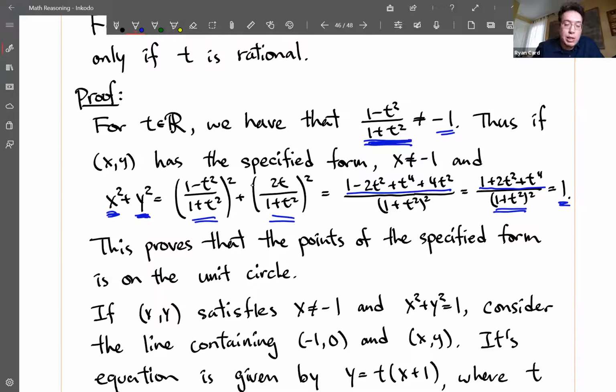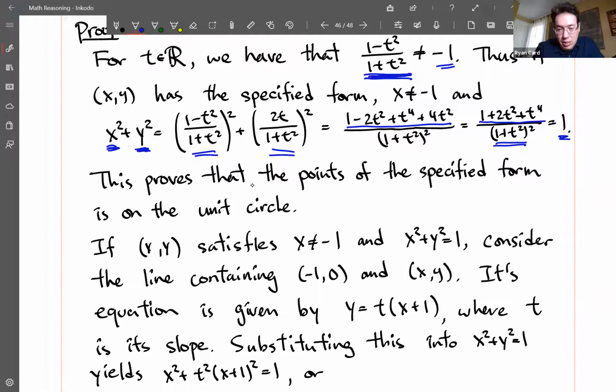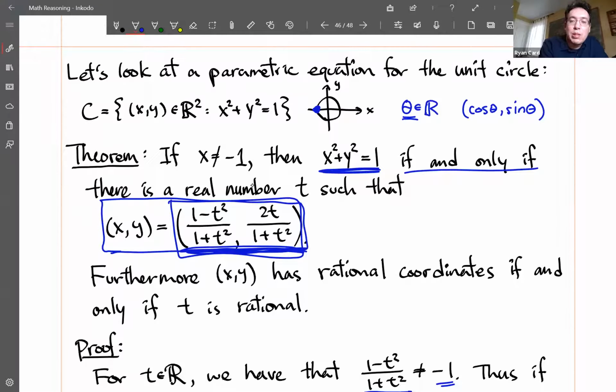So let's now go the other direction. If you have x and y, where x is not equal to -1, but x squared plus y squared equals 1, so it satisfies the unit circle equation, what we could do is draw a line between the leftmost point, (-1, 0), and any other point that you're looking at, and draw a line through that.